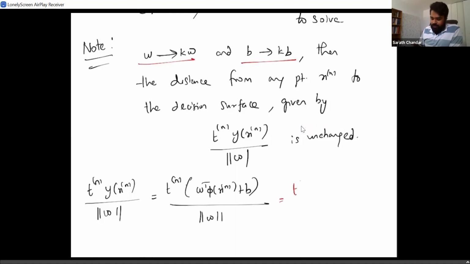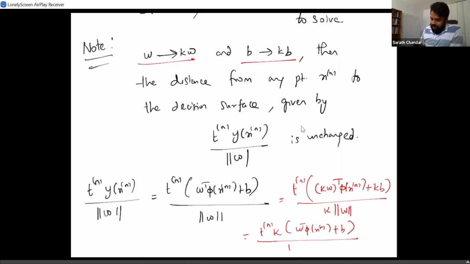This becomes T of n times (KW transpose phi of xn plus KB) divided by, since the K comes out of the norm, K times the norm of W. Now you can take the K outside, giving T of n times (W transpose phi of xn plus B) divided by K times the norm of W. Now the K cancels. So even if I rescale W and B, the rescaling cancels out, and we just get the same distance.